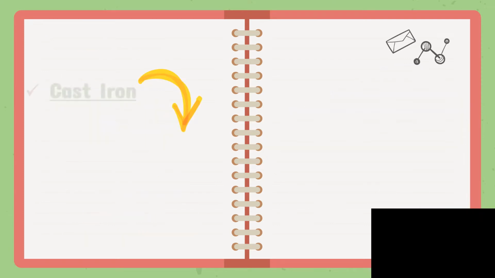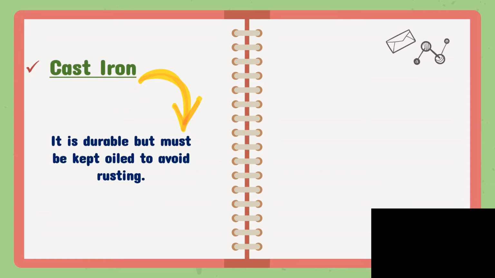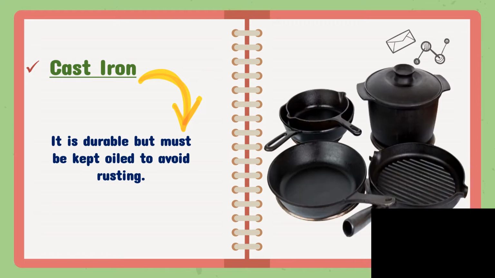Okay. Number 4, the cast iron. So, it is durable but must be kept oiled to avoid rusting. So, ayan, yung nasa picture. Ito naman yung mga heavy na makikita ninyo sa mga bahay ninyo. Ito yung mga pinagsasaingan natin.